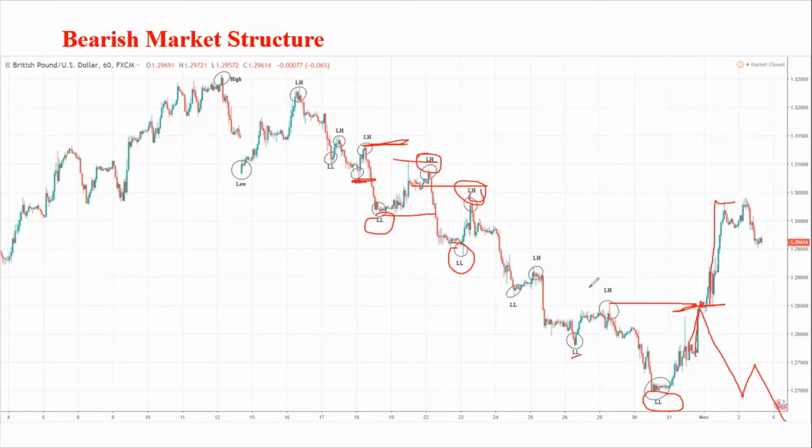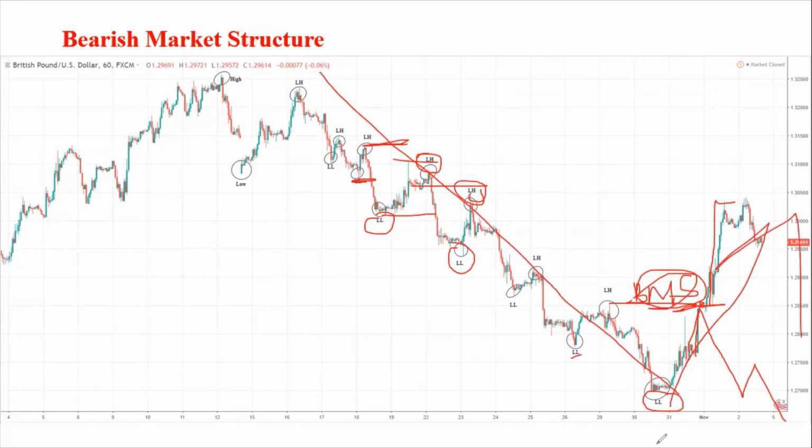The bearish market structure has been broken. So you can write, we will now call that zone a break in the market structure. When this lower high has been broken, it means the bearish market structure is no longer in hold. The market has changed direction and is now going in a bullish direction. You see?